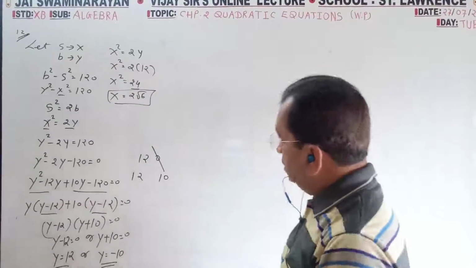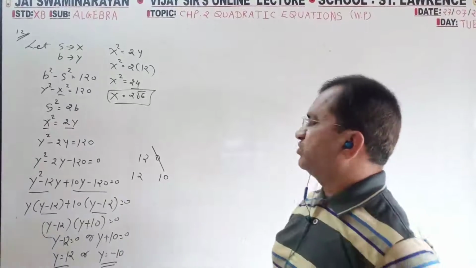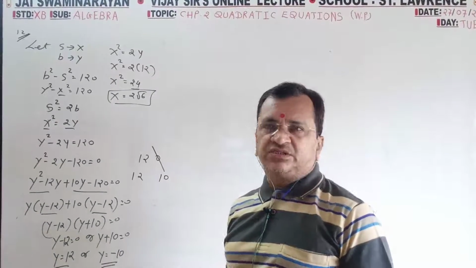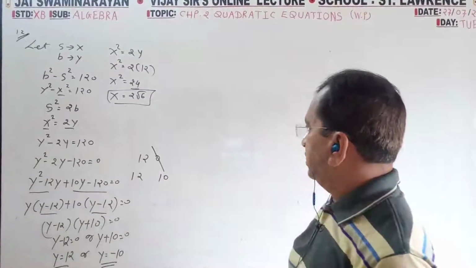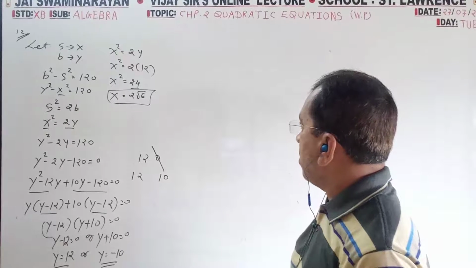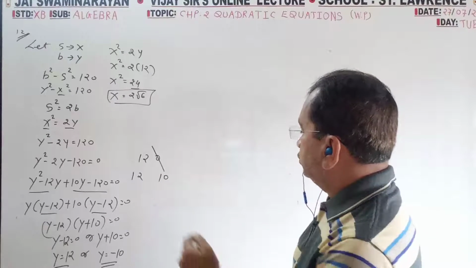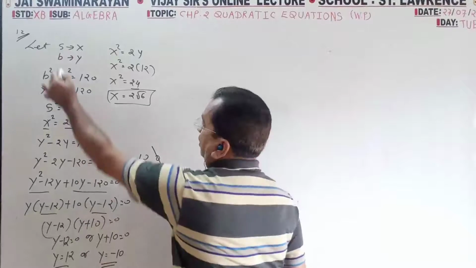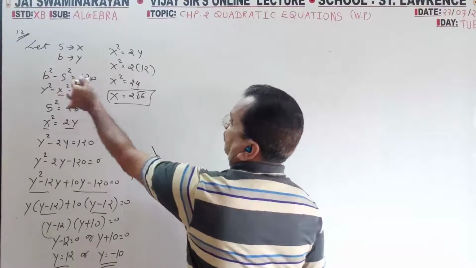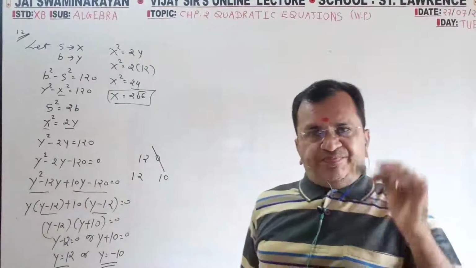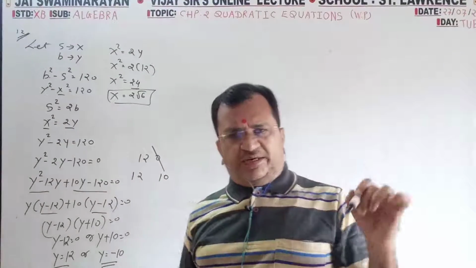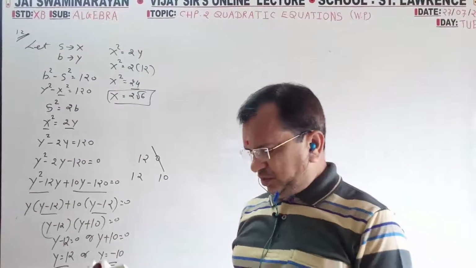So the larger number is 12, the smaller number is 2 root 6. So 12 square means 144 minus 24, it is 120. In equation number 1 or in equation number 2, you can match.